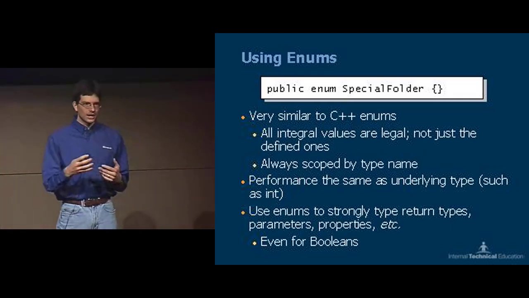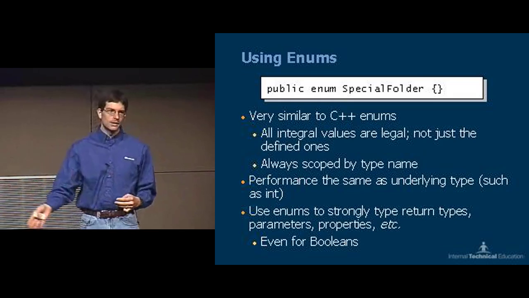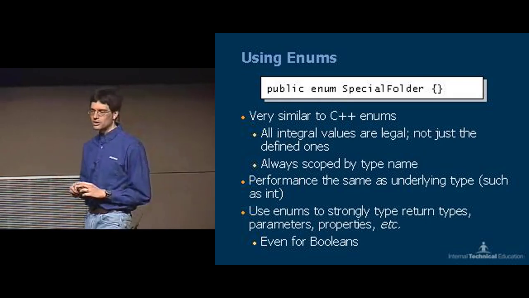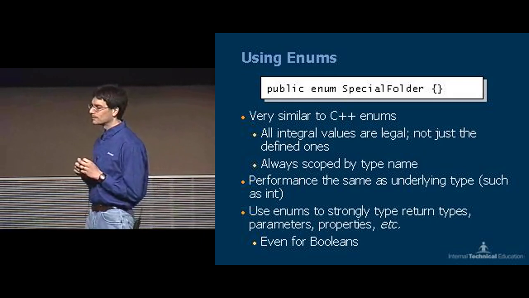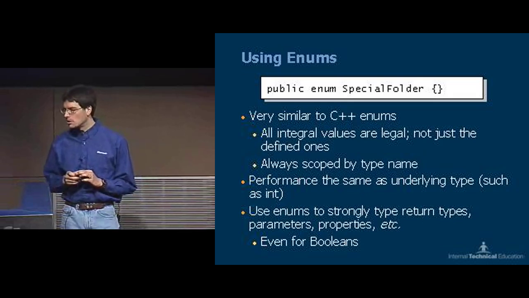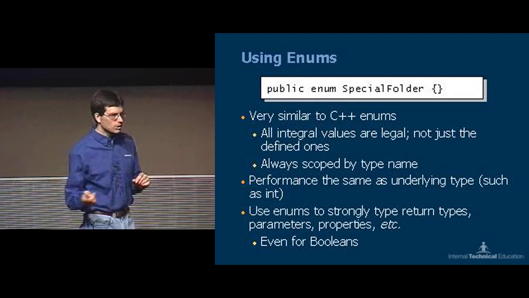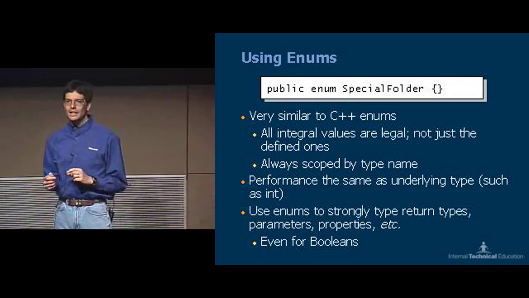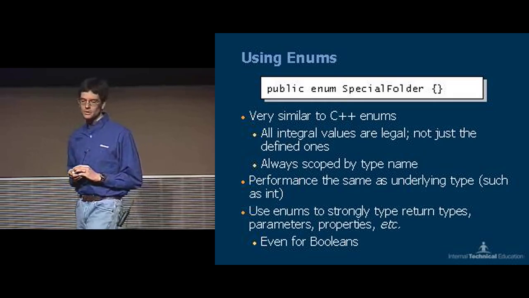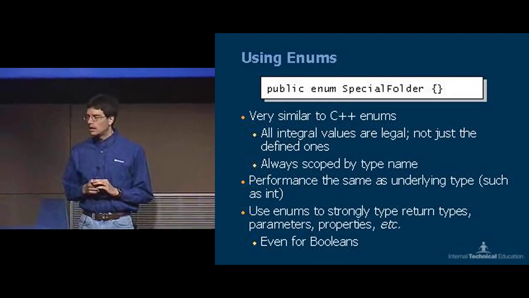You can give a kind of stringified identifier to integers. That's all they are. There's no strong typing there. So what that means, and I'll have a slide on it, is that you can pass any integer value into a variable that takes an enum, or a property that takes an enum.